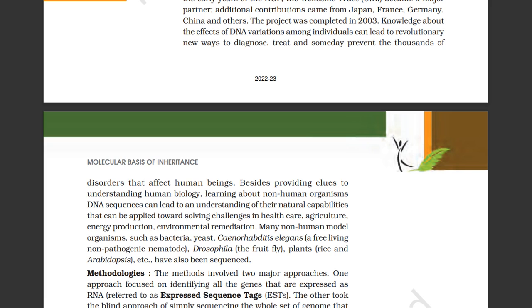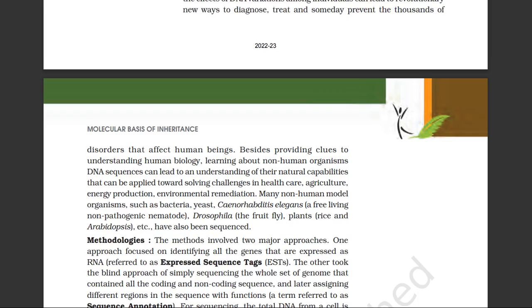Many non-human model organisms, such as bacteria, yeast, Caenorhabditis elegans, a free-living non-pathogenic nematode, Drosophila, the fruit fly, plants, rice and Arabidopsis, etc., have also been sequenced. Methodologies, the methods involved, two major approaches.